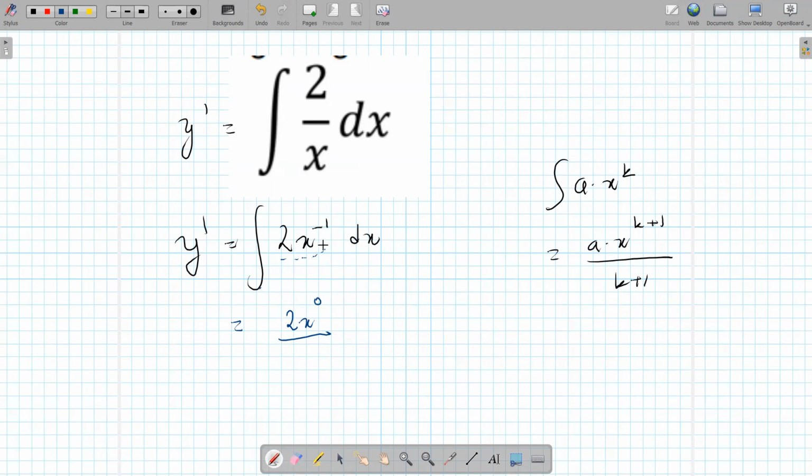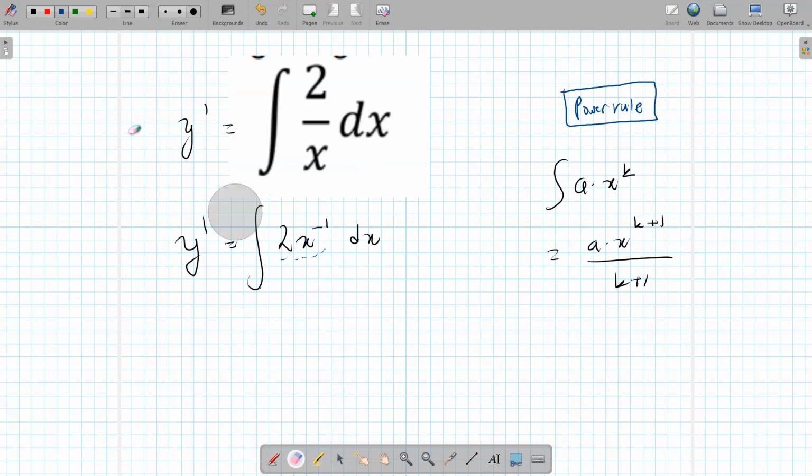You get a 0. -1 plus 1. See k plus 1? K is -1. But we know mathematically this is impossible. So how does this even work? Turns out you cannot use the power rule for this case, because if you use the power rule, you're going to get a 0 in the denominator, right? So you can't use the power rule.